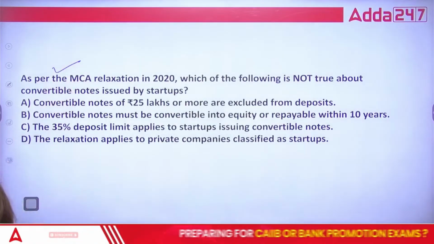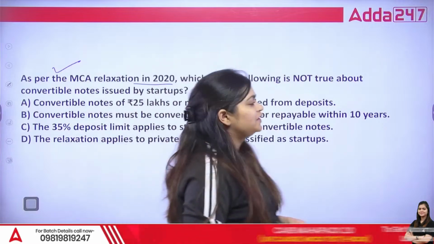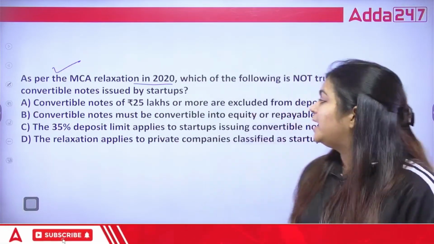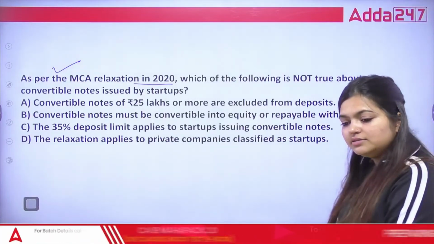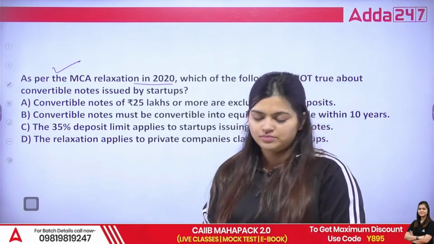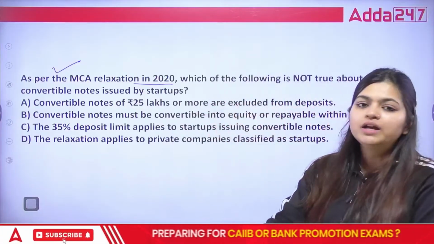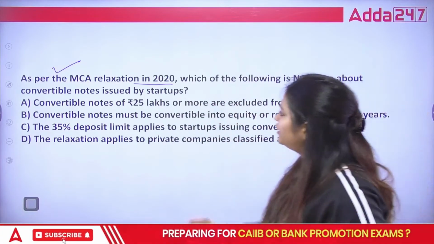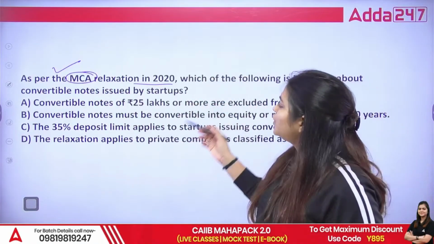Next: as per the MCA relaxation in 2020, which of the following is not true about convertible notes issued by startups? Under the same tax exemptions that we covered just now, section 54GB, we have one more exemption which you will be getting from the MCA, your Ministry of Corporate Affairs. So what is that exemption?